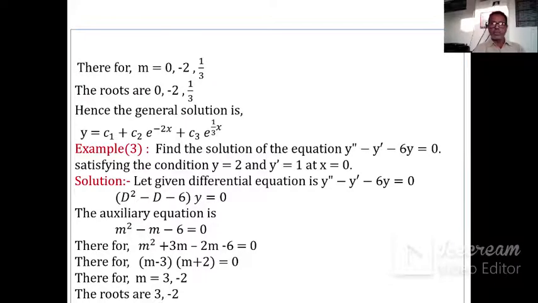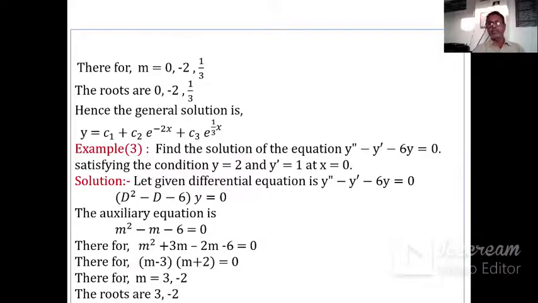Now we see the next example. Find the solution of the equation y double dash minus y dash minus 6y is equal to 0, satisfying the condition y is equal to 2 and y dash is equal to 1 at x is equal to 0. Now this example is different from the previous two examples.